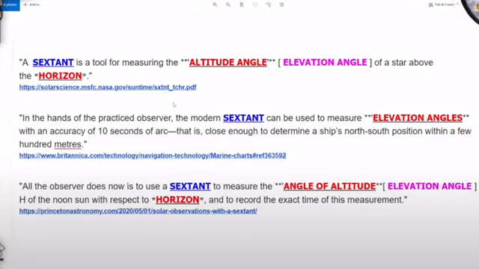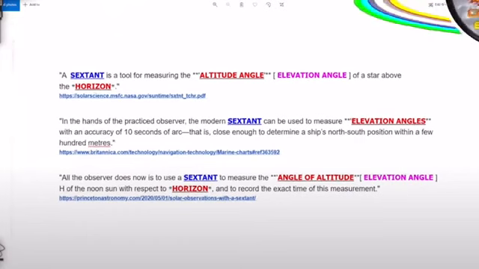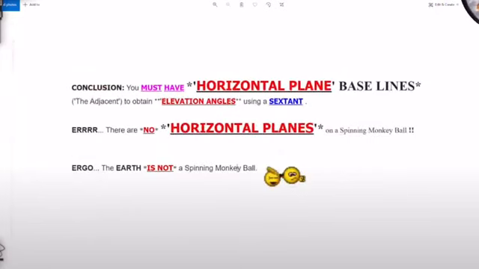That is close enough to determine a ship's north-south position within a few hundred meters. And finally, Princeton astronomy: all the observer does now is use a sextant to measure the angle of altitude, the elevation angle, H, of the noon sun with respect to the horizon, and record the exact time of this measurement. This should turn out the lights, baby. It's simply over right here. There's no argument against this argument.